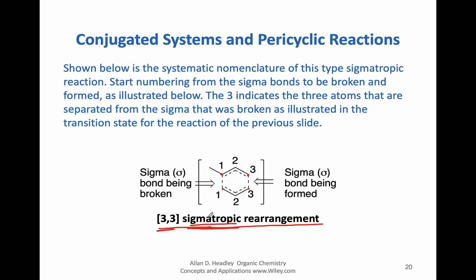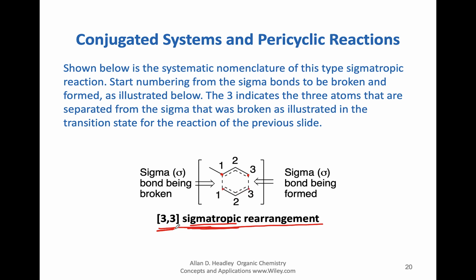sigmatropic rearrangement. Let me do that again, just to ensure that we get it. Here's the bond that's been broken, and here's the bond that's been formed. We number from the bond that's been broken, 1, 2, 3, and the other carbon, 1, 2, 3.